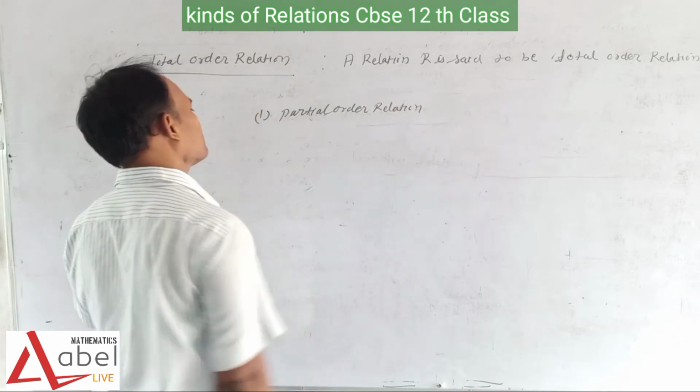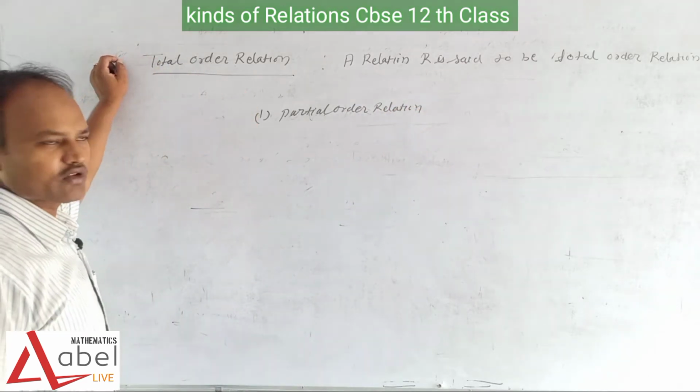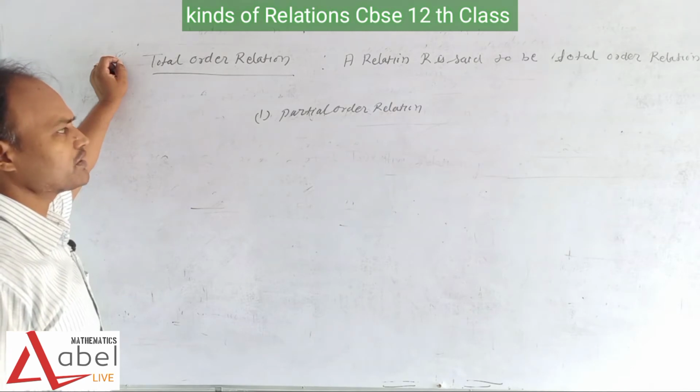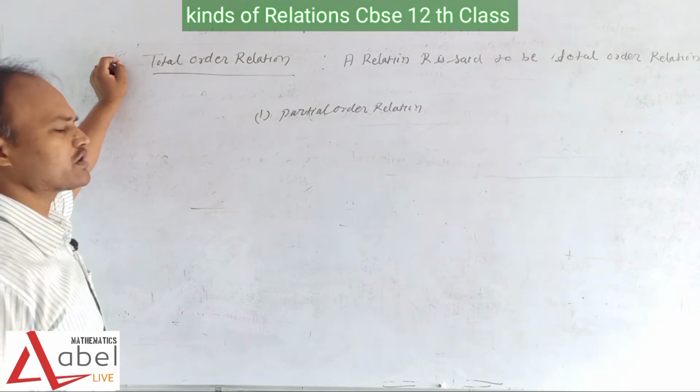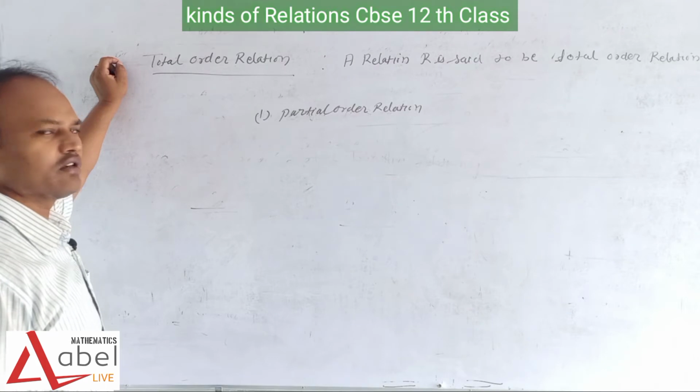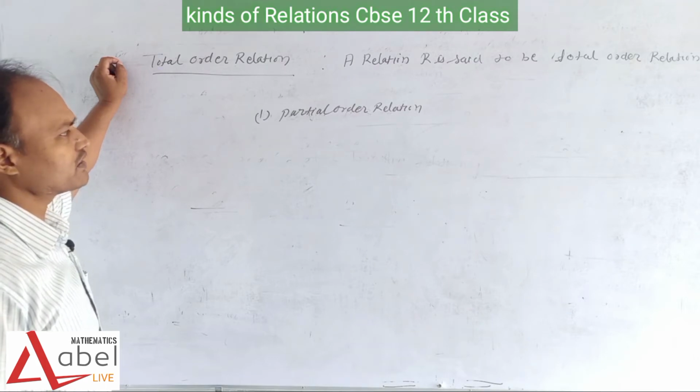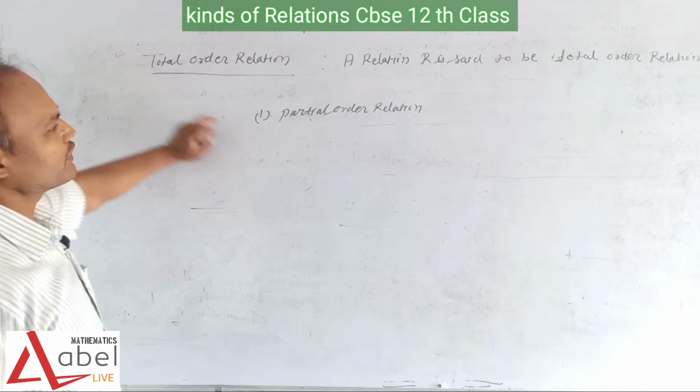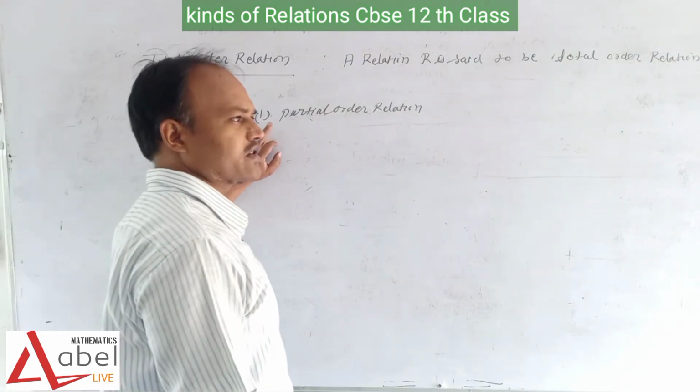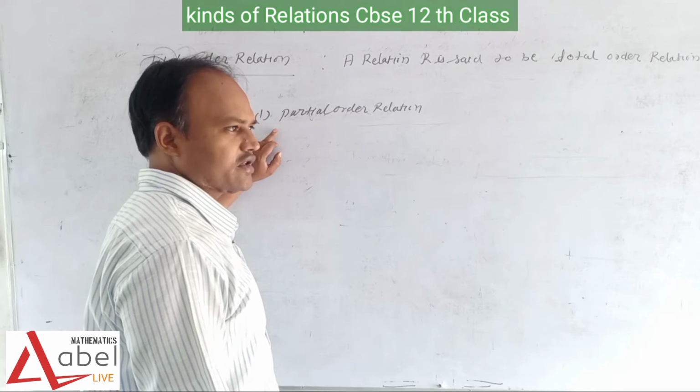So always remember, students, when we are talking about the total order relation, we have to remember what the partial order relation means. The partial order relation should be reflexive, anti-symmetric and transitive.